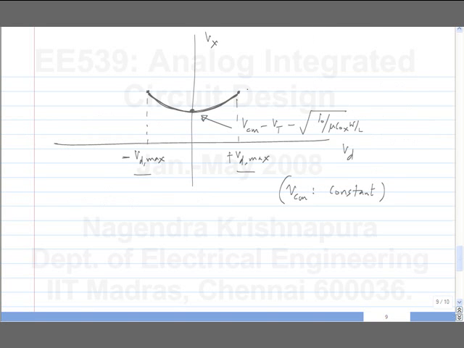And similarly on the other side, it does this. So it is an even function. Only thing is the expression that we evaluated before is not valid. This different expression is valid. The slope here is minus half and the slope here is half. Okay. This is how Vx behaves with increasing Vd.